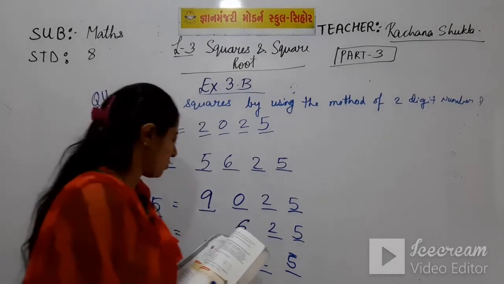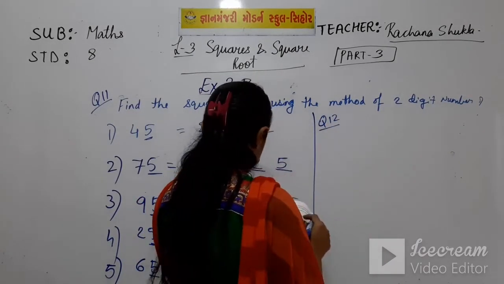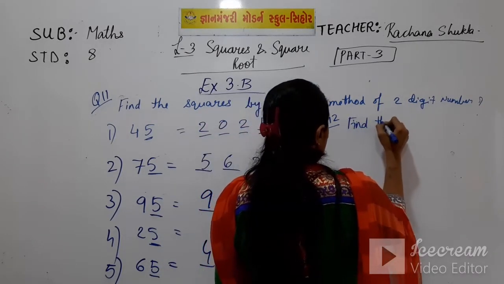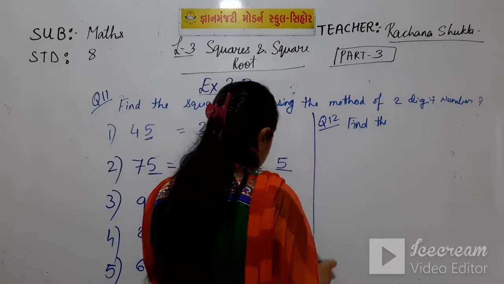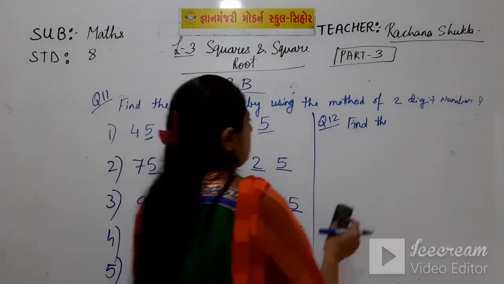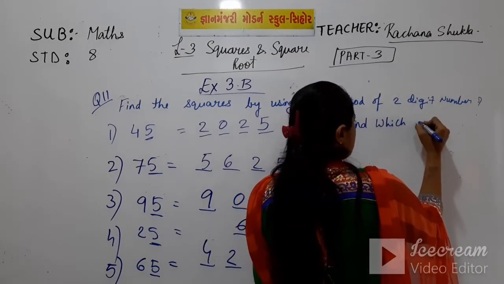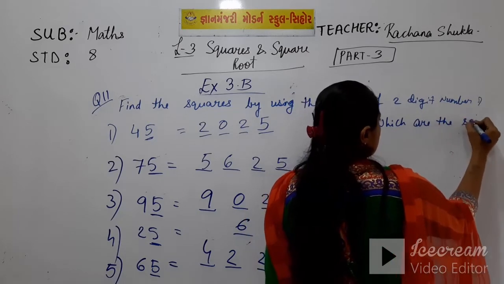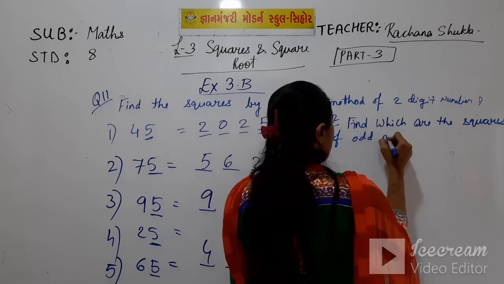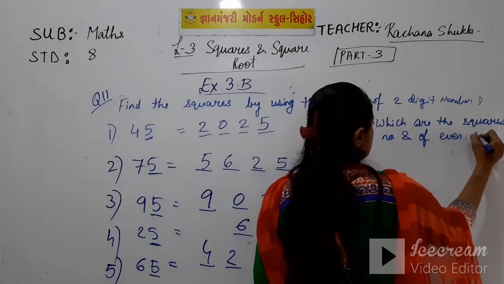Coming to the last question of your exercise 3B, question number 12. Find which are the squares of odd numbers and which are of even numbers.